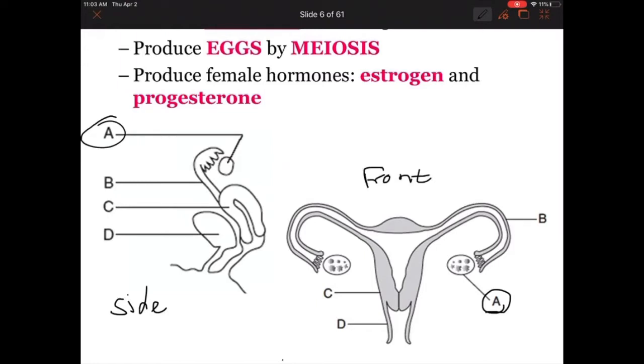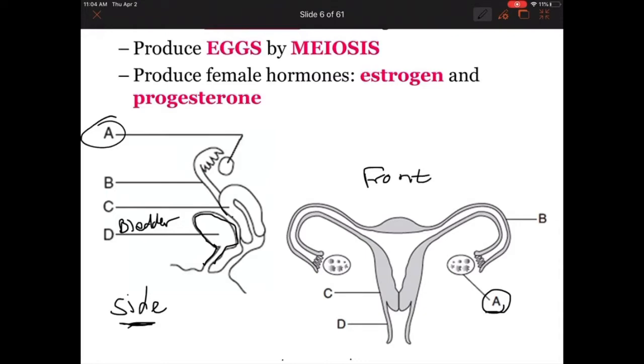This side view gives you the urinary bladder as a point of reference. So you can see that the uterus is sitting just behind the urinary bladder.